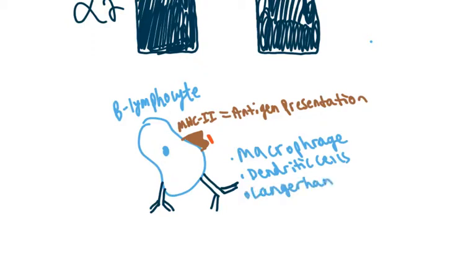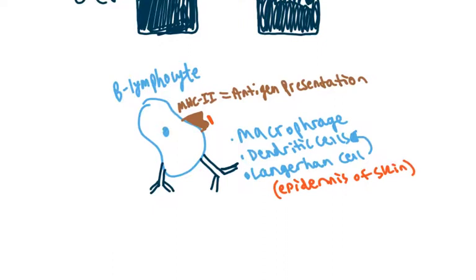A Langerhans cell is pretty much a specialized dendritic cell that is mostly present in the epidermis of your skin, and we'll look at the skin, its layers and physiology in a future skin playlist, in a future video.